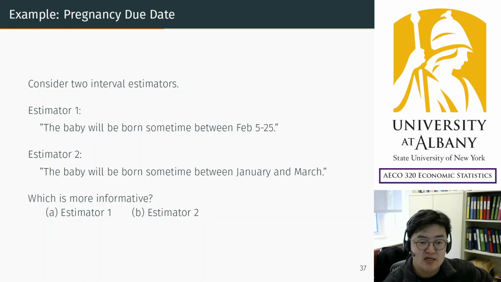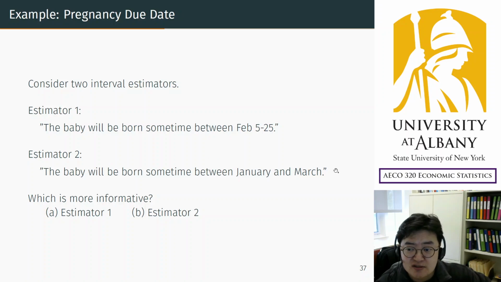The second statement does not contain any information. Even anyone who is not a medical doctor can say that. It is kind of an obvious statement, so in that sense, it is not informative. I would say estimator 1 is more informative. So I will take A.